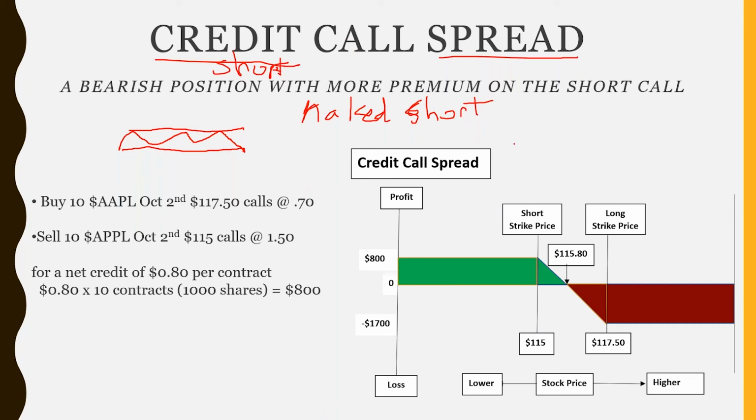So the broker requires you to have enough money in case you get the direction wrong and it goes against you. So the naked short is that you only short, let's say you short a 115 call. So you just short it, you don't do the spread. That you call a naked short.